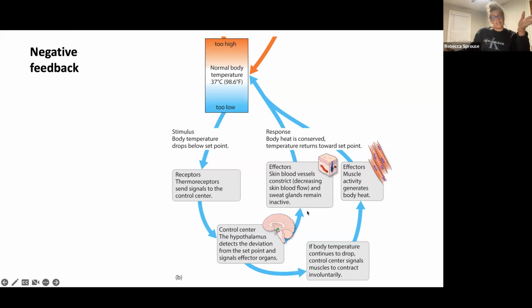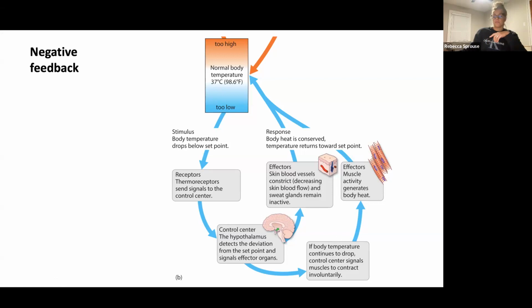Now, if it doesn't, now we can start doing shivering motions and things like that. So your muscles are typically voluntary, right? They're typically under voluntary control, but your body does have a mechanism in place that can make them constrict involuntarily. And that's for a survival mechanism.